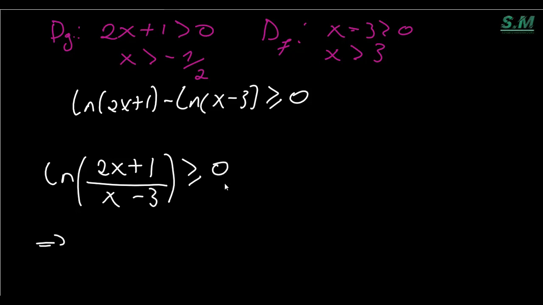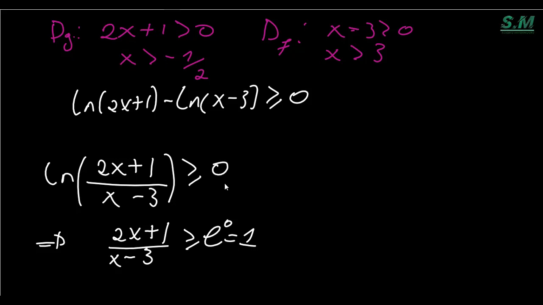So this means we have (2x plus 1) divided by (x minus 3) greater than or equal to e raised to the power 0, which is equal to 1.